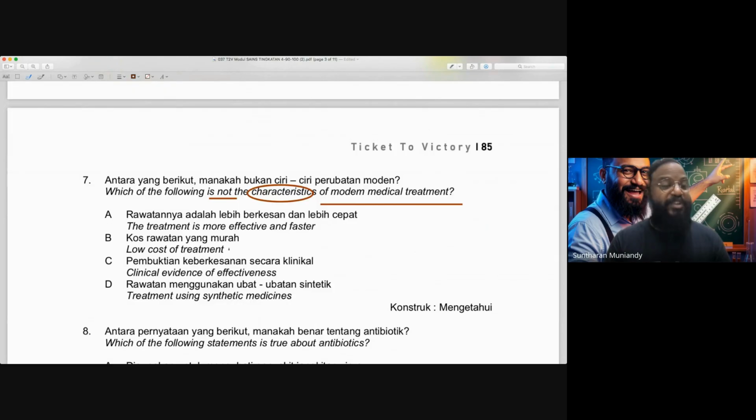Low cost of treatment, no, I don't think so. Clinical evidence of effectiveness, yes. Treatment using synthetic medicine, yes. All that are the characteristics of modern medical treatment. But low cost of treatment, no, I don't think so.